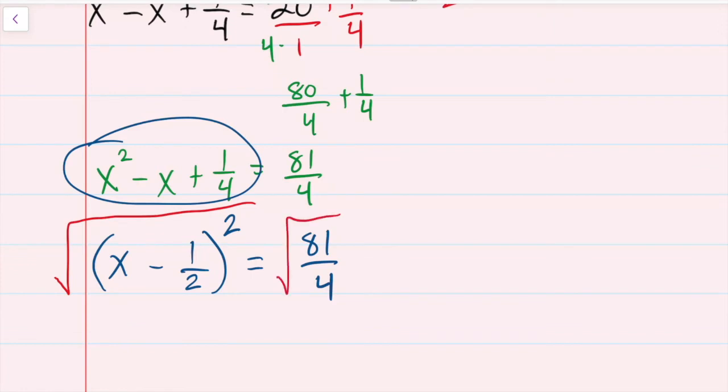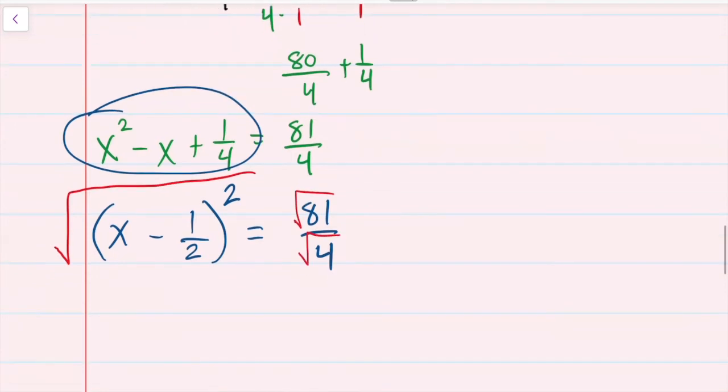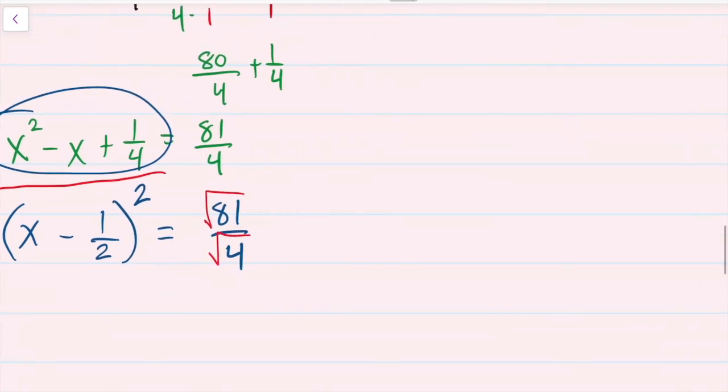There we go. And if you don't remember, you can also treat the square roots individually. What I mean by that is when you have a fraction, you can do it to each part individually. So we have x minus 1/2 is equal to, what's the square root of 81? That's a 9. Remember, positive or negative 9. It could be either one, because 9 squared is 81, and negative 9 squared is also 81. What's the square root of 4?